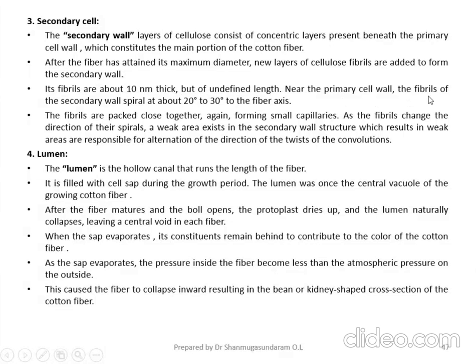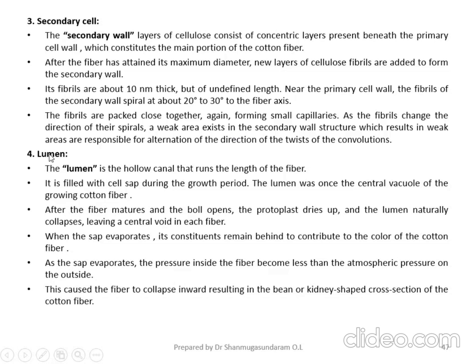Near the primary cell wall, the fibrils of the secondary wall spiral at about 20° to 30° to the fiber axis. The fibrils are packed close together, again forming small capillaries. As the fibrils change the direction of their spirals, a weak area exists in the secondary wall structure, and these weak areas are responsible for the alteration of the direction of the twist of the convolutions. So convolution is nothing but the natural twist present in your cotton fiber.